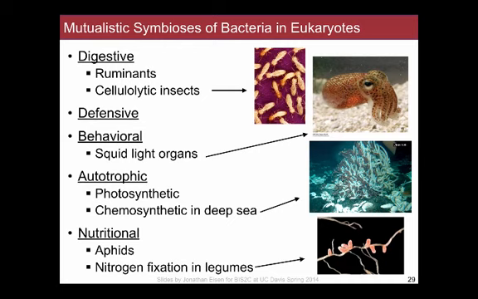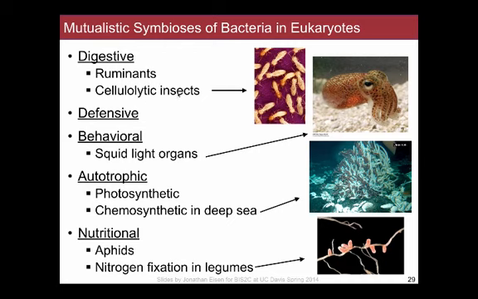There are lots of other types of mutualistic interactions, but these are particularly striking and interesting, where there's some plant or animal or other multicellular eukaryote, and they acquire some function via symbiotic interactions.